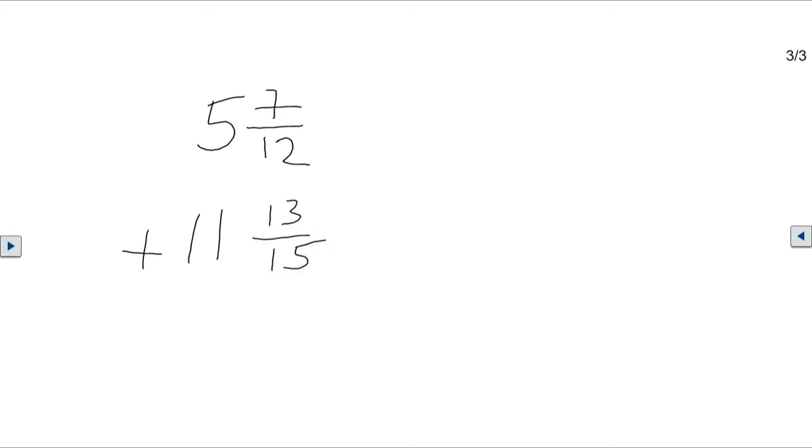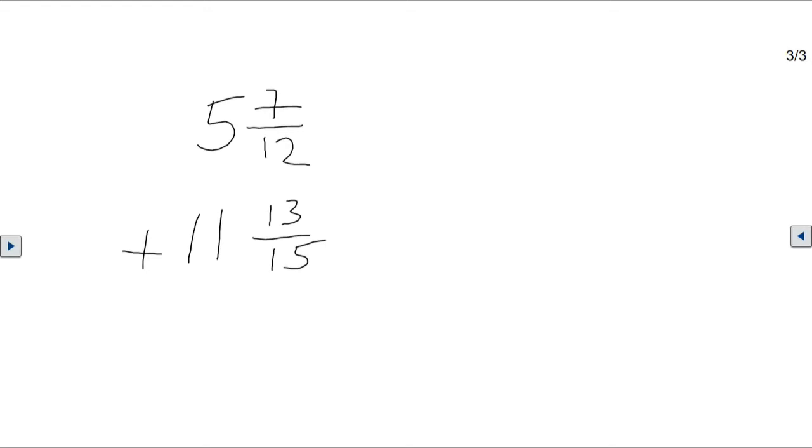11 13/15. Now the first thing to do is figure out what that common denominator is going to be. In this case, it's going to be 60. There are shortcuts you can do, like multiples of 15 are either going to end in 0 or 5.